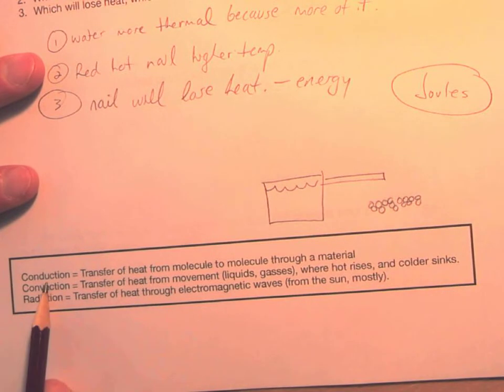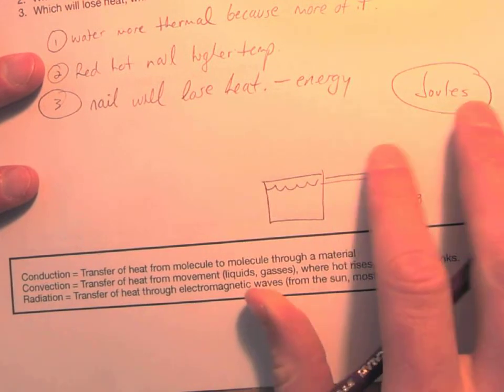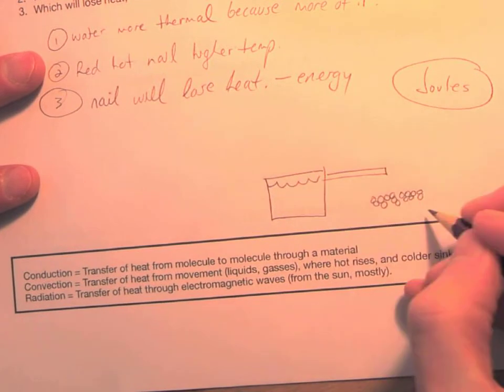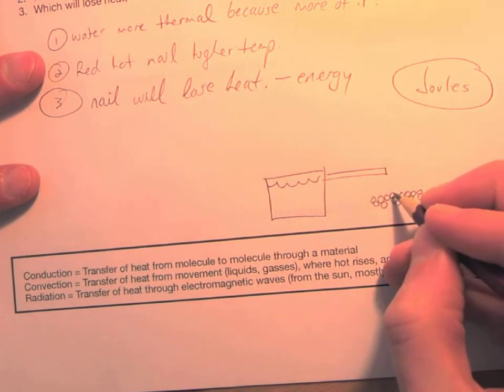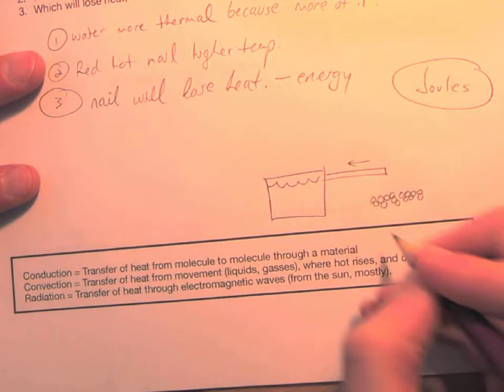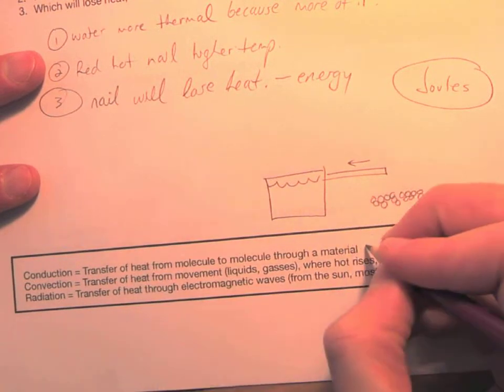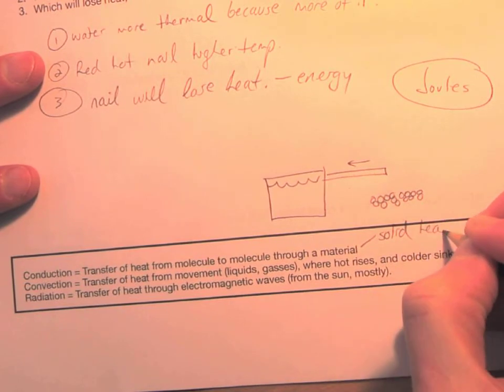And conduction means if you heat up one side, the molecules will move and they'll bump into the ones next to it and cause those to move more. And then they'll cause the next ones to move down. So it's heat moved through a solid. So it's kind of like a solid heat movement.